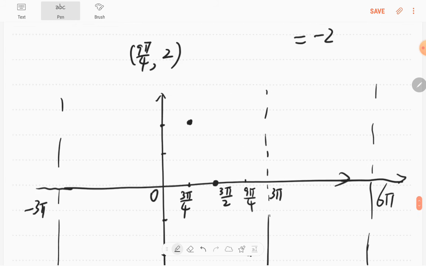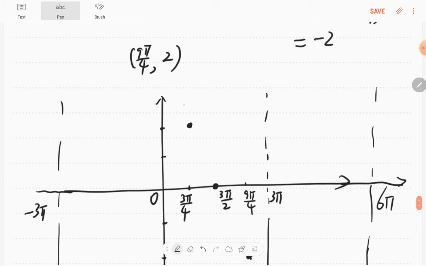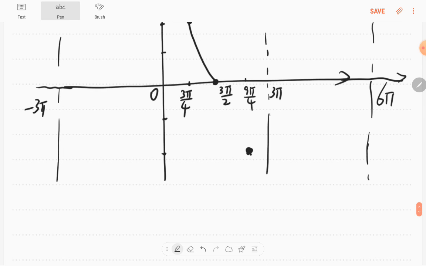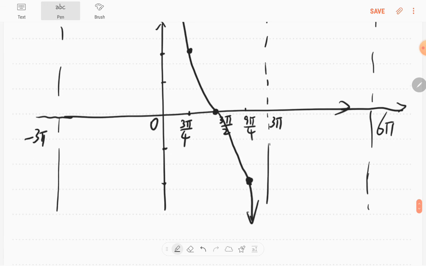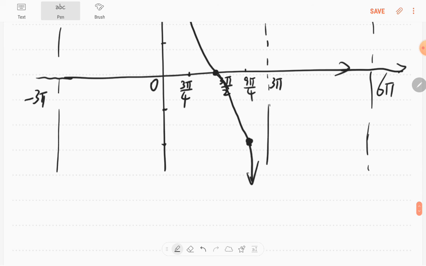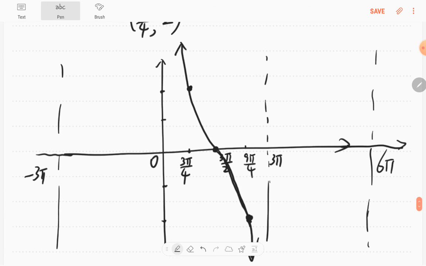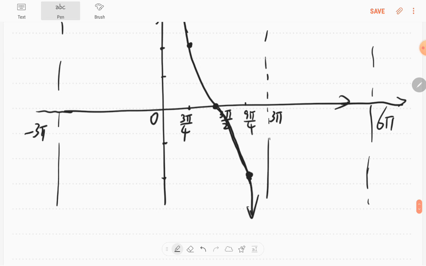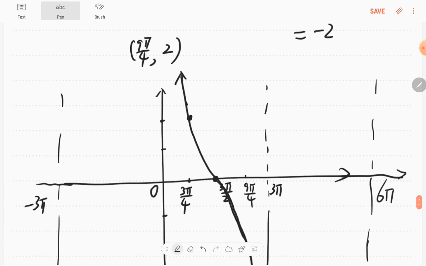So the graph will look like this. You can see the curve: this is a curve up, and here a curve down. Okay, the other parts are just repeated.